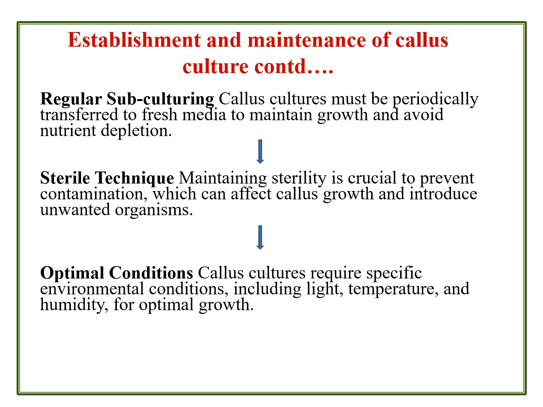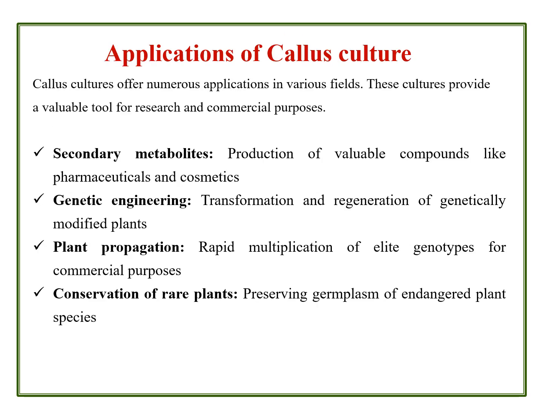Then the optimal conditions. Callus cultures always require specific environmental conditions, that is light, temperature and humidity, for optimal growth. The applications include secondary metabolite production, genetic engineering, plant propagation, and conservation of rare plants.